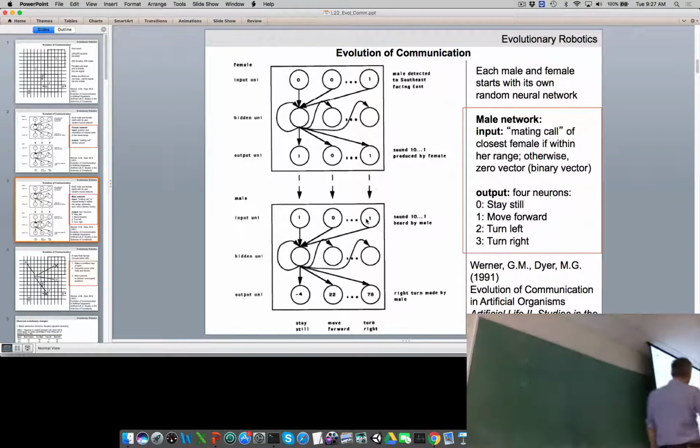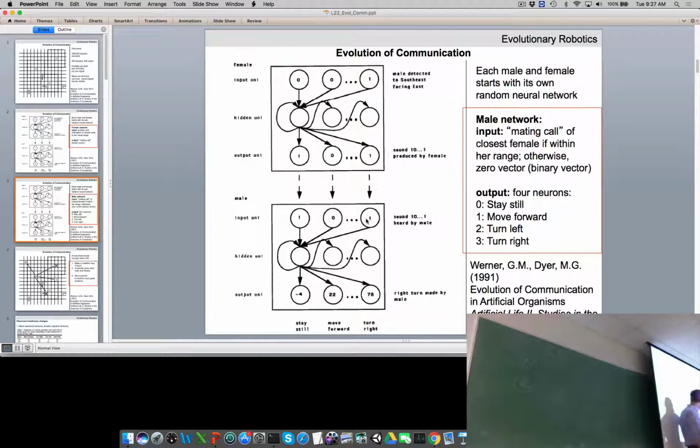The signals propagate through to the output layer for the male's network. Here we use a different threshold function that squashes the values, or actually expands the values to integer values. There are 4 output neurons, which correspond to 4 possible actions that the male can take: stay still, move forward, turn left, or turn right.